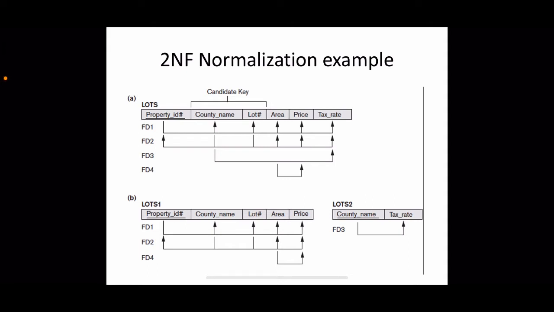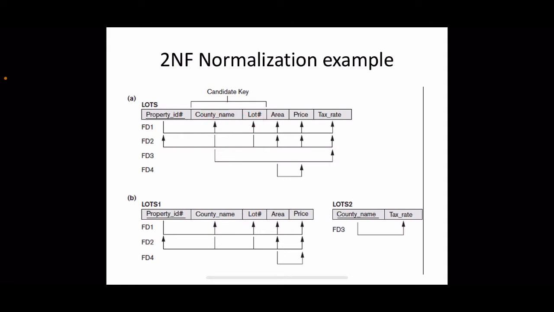Take the relational schema LOTS, which describes parcels of land for sale in various counties of a state. Suppose there are two different candidate keys. The first one is property ID number, and the second one is a combination of county name and lot number.